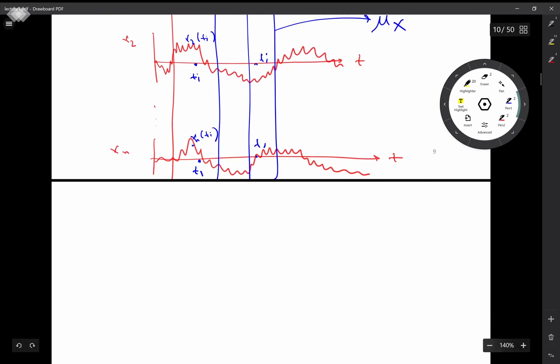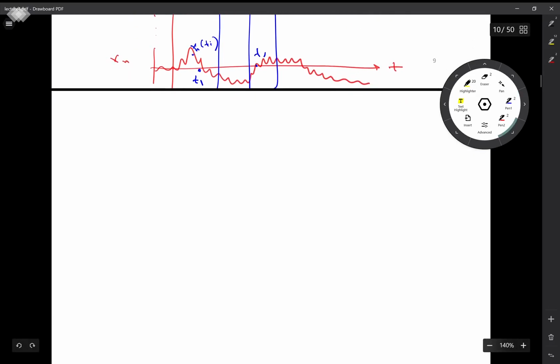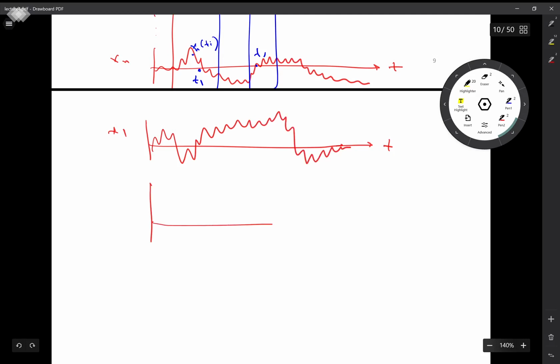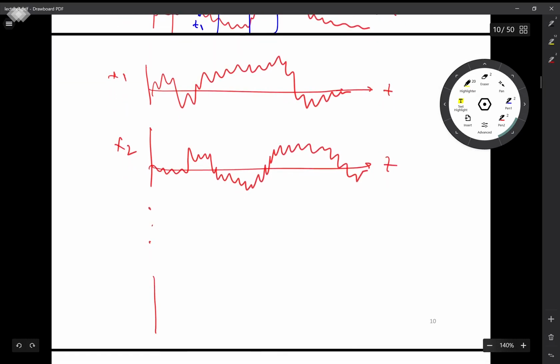Next, let's say we have a similar type of process. So we have t versus x1, t versus x2, and t versus xn.